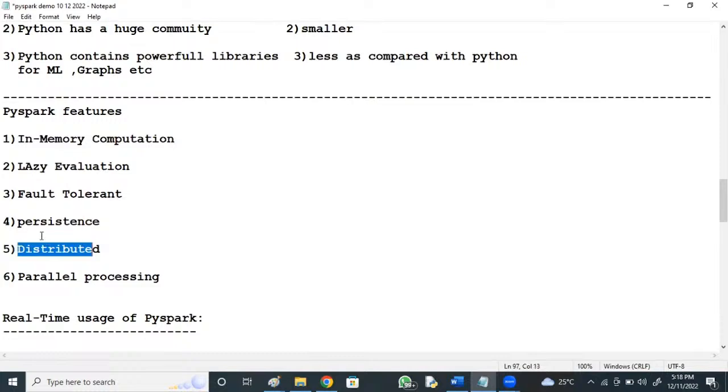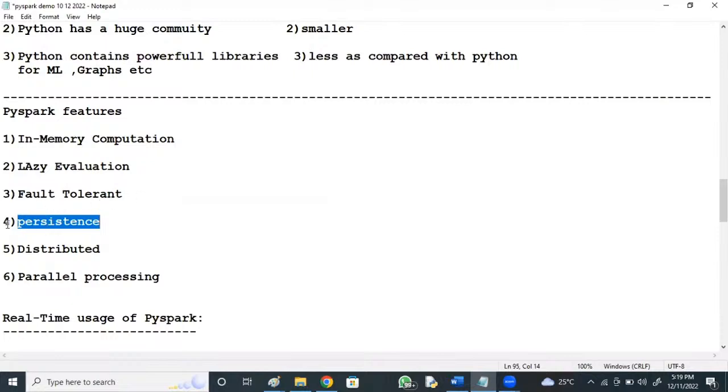Distributed, I said. Persistence means there's one more feature. With the persistence feature, you cannot re-execute the same transformation again and again; the same executed transformation itself needs no re-execution. We can persist it.